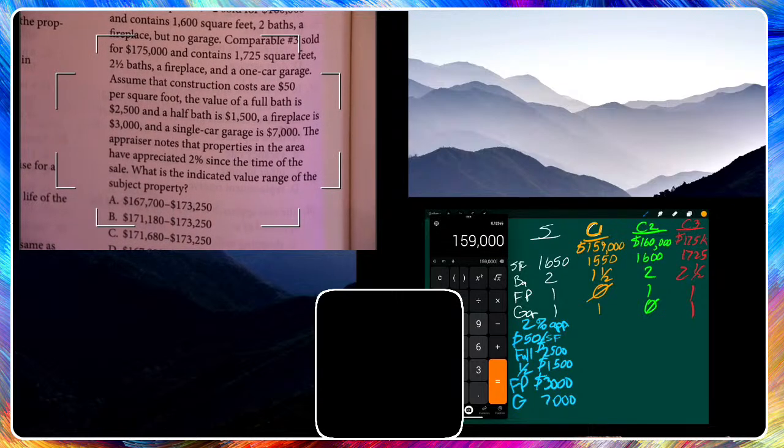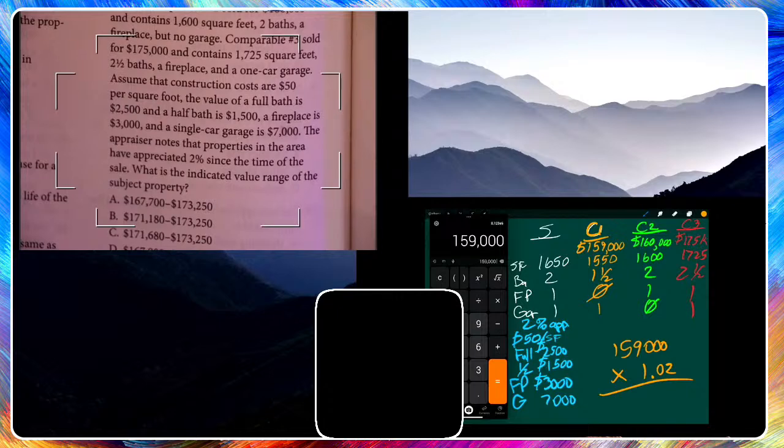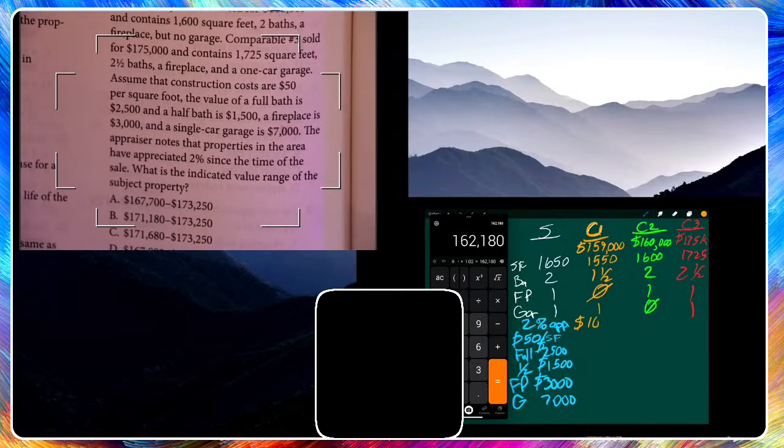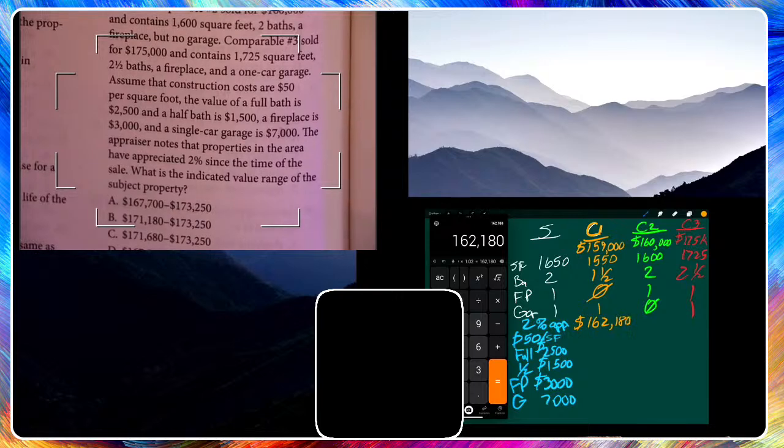Another way to do the math is 159 times 1.02. If you plug that in, that gives it to you real quick: 162,180. You could also calculate the 2% and then add it to the 159, whichever way you want to do it. That sticks in your mind better. So that's 162,180.